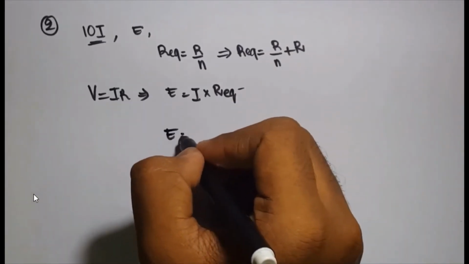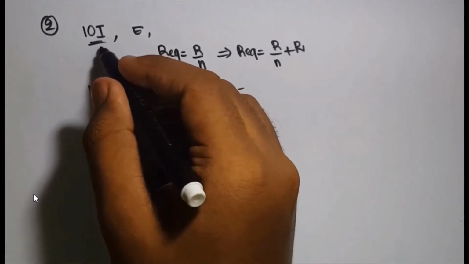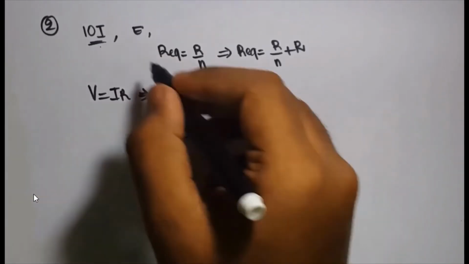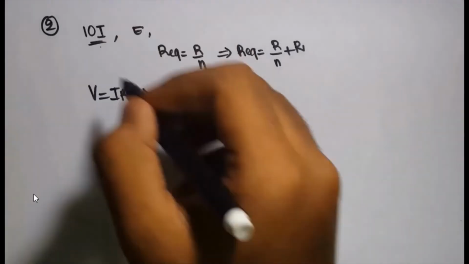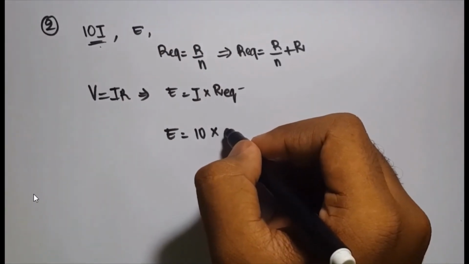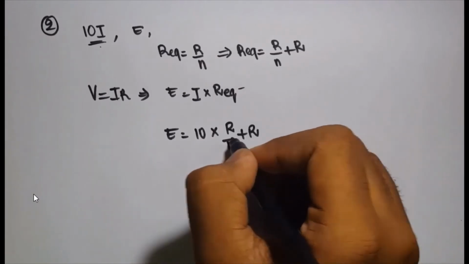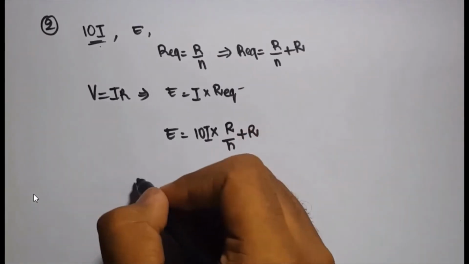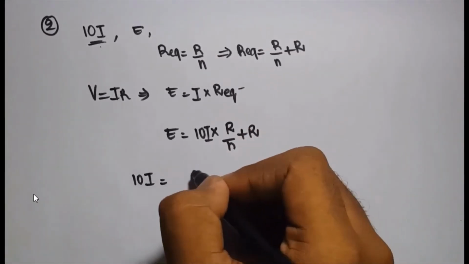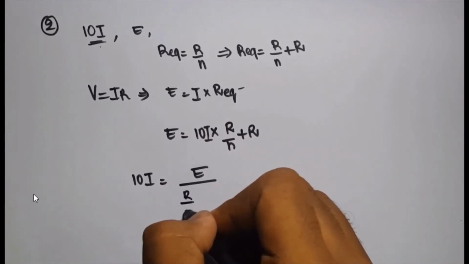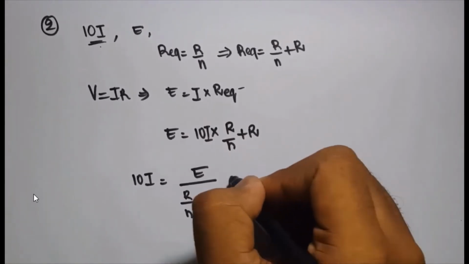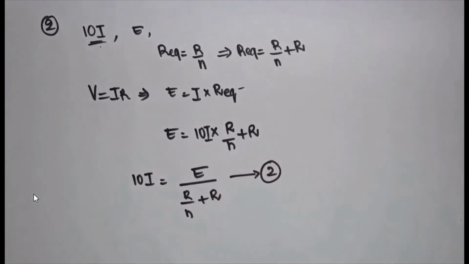So E equals 10I into R by n plus R, and 10I becomes E by R by n plus R. This here is the second equation.